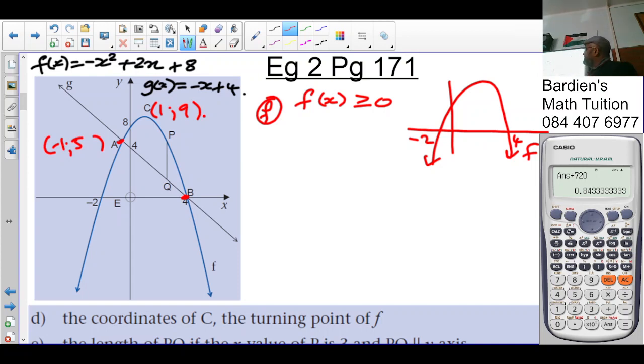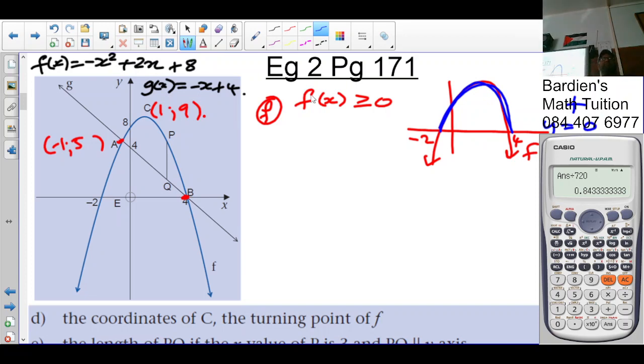Now they want to know, where is f of x greater than or equal to 0? That is y is equal to 0. Greater than is on top or below? On top. So where is f of x greater than or equal to 0? It is this part of the graph. Can you see that part is above the y equals 0 line?